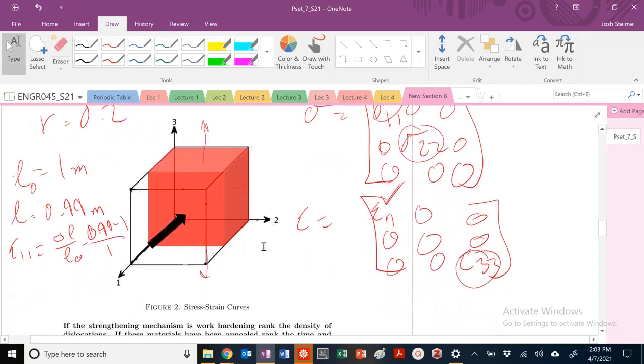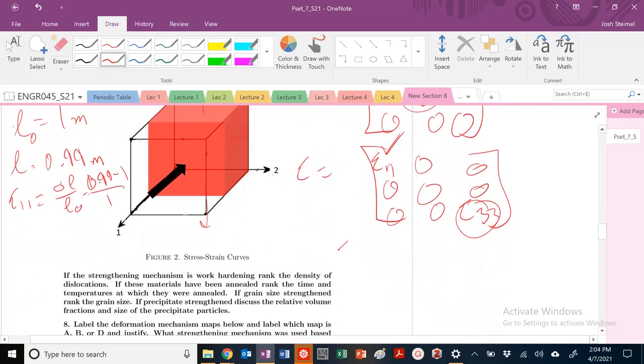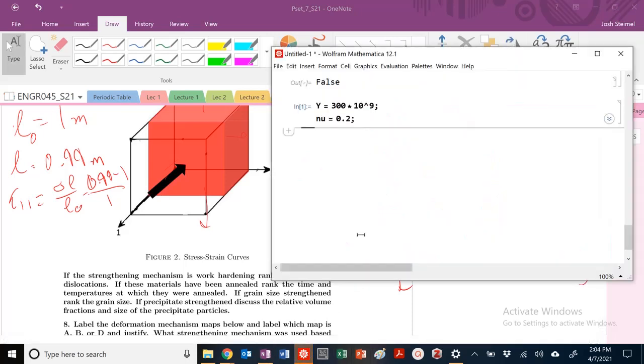So I need to write some equations that I could solve for this. Well, I know that epsilon 1, 1 is equal to 1 over E times sigma 1, 1 minus nu times (sigma 2, 2 plus sigma 3, 3). I'm going to solve this in Mathematica. So I know that my E11 is going to be equal to 0.99 minus 1 divided by 1. Again, this should be negative because we're in compression, so we're good there.